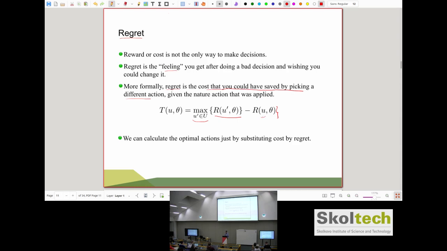This difference between the two rewards is known as regret. So how can you use this? Same as with rewards. You just substitute everything, and you can do the same things that we were talking about: min-max and expected max and many other things.